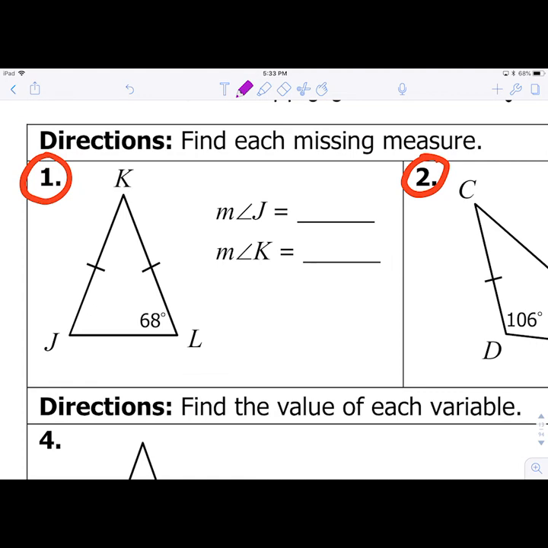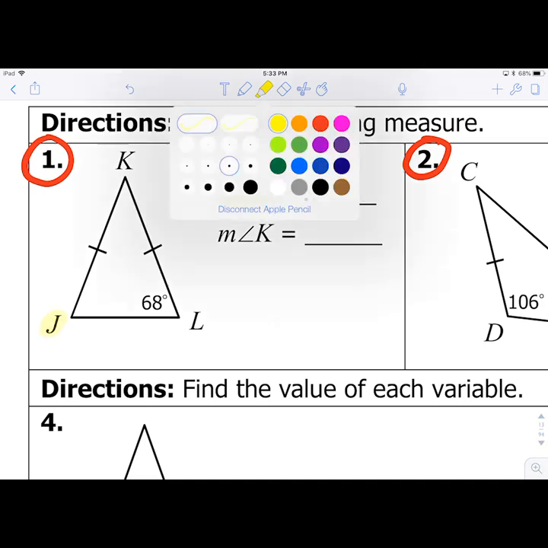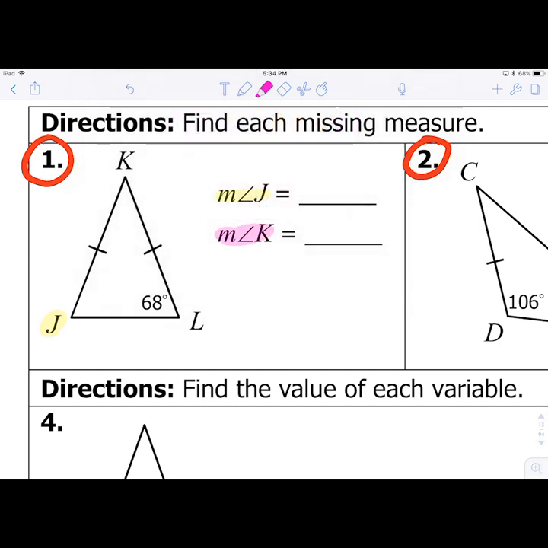So let's take a look here at number 1. Find each missing measure. We want the measure of angle J, and that's right here. And then we want the measure of angle K, which is up here. All right. So remember, angle K, that's the vertex angle because it's the angle that is created by the two congruent sides. And angle J is a base angle.